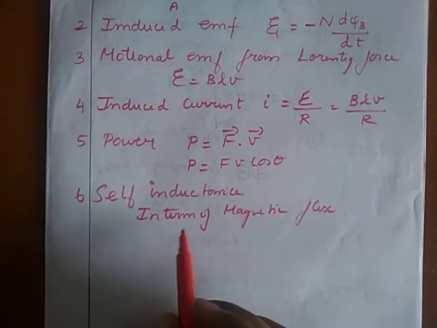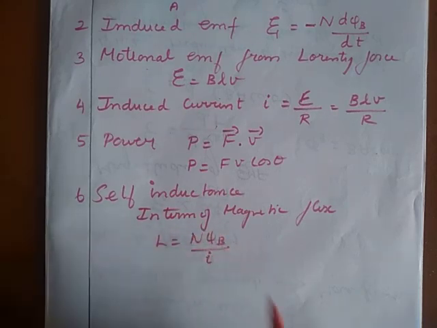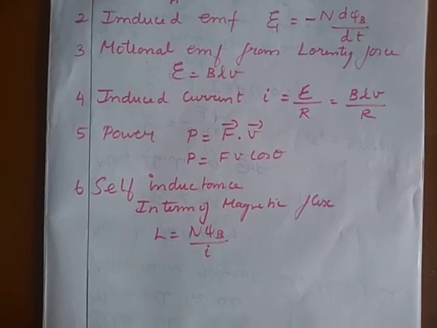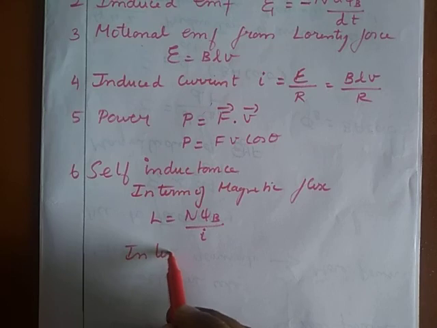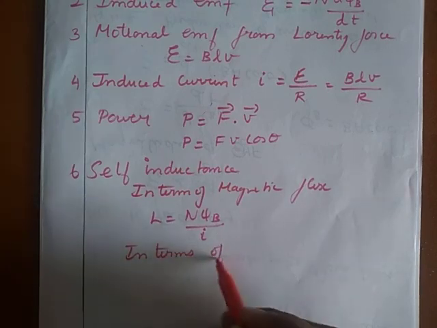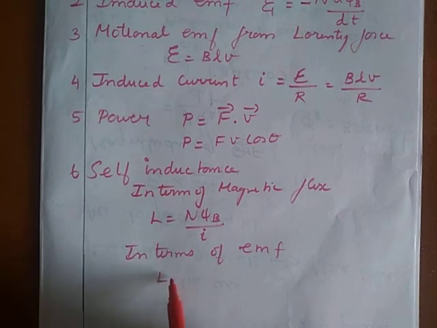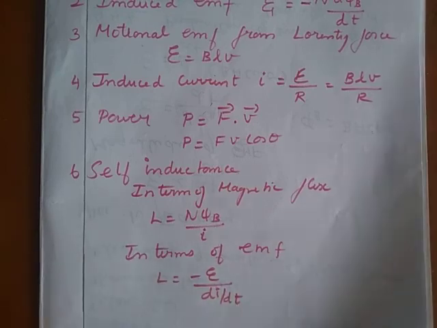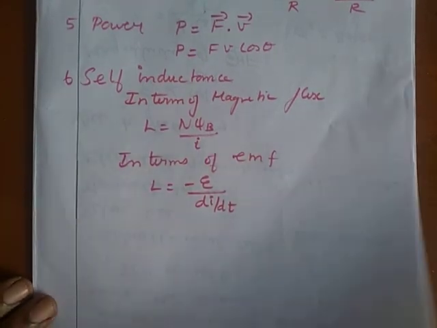That is L is equal to N phi B by I. We can write in terms of induced EMF also, that is L is equal to minus psi by di by dt. This L is nothing but the self inductance, or coefficient of self induction.